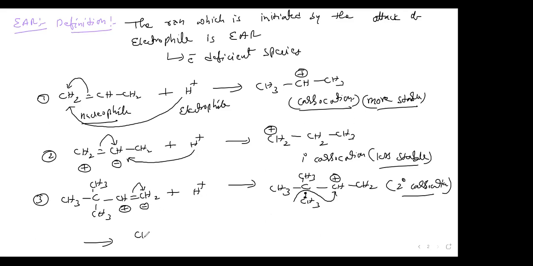Therefore, it results in formation of a 3 degree carbocation. On it, later the nucleophile will attack. So whenever there is a possibility of carbocation, we have to check the stability of carbocation or rearrangement.